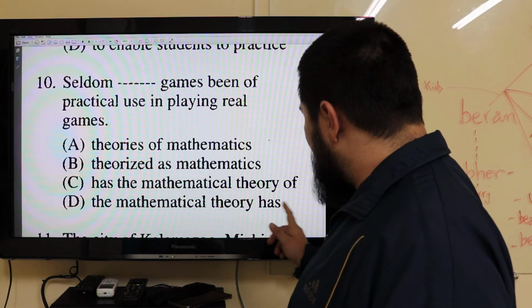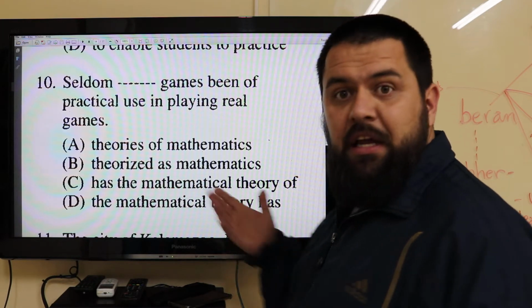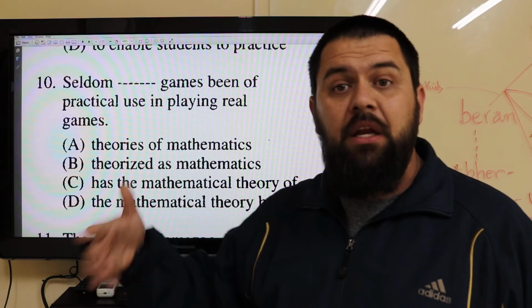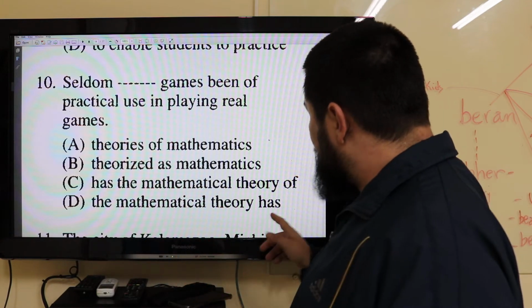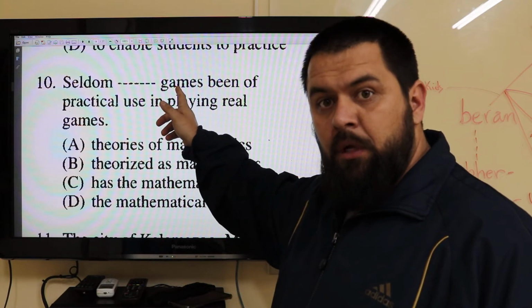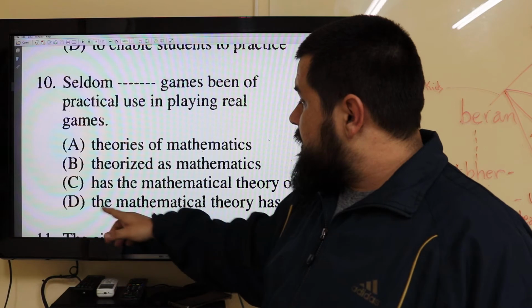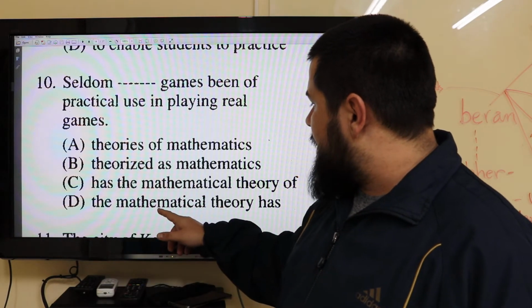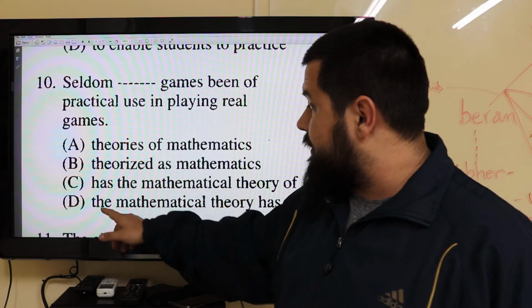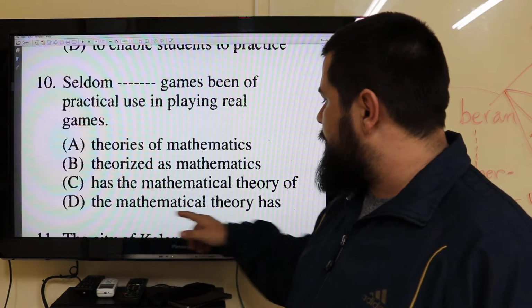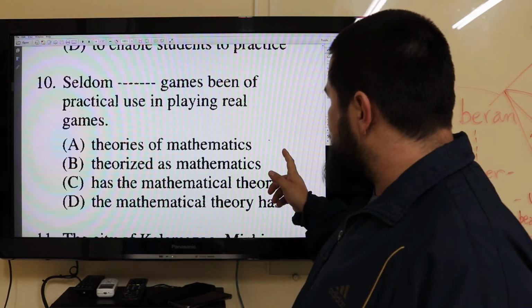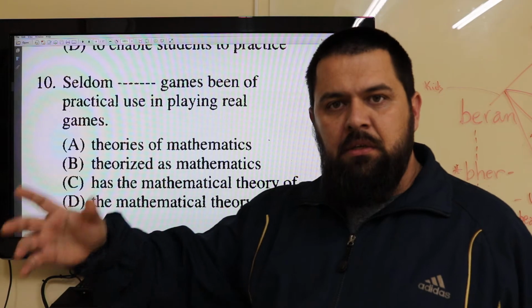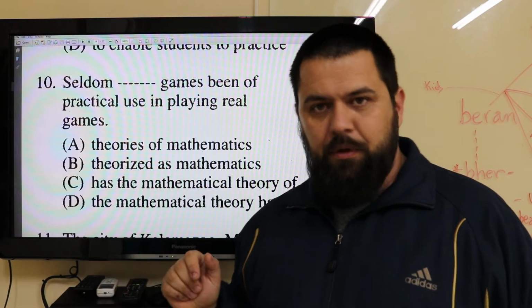So you would expect "been" or something like that, or an adverb like "has rarely gone." Okay, not a noun. You wouldn't expect a noun. It could be something like this: seldom in the mathematical theory of games has, and so on. Okay?